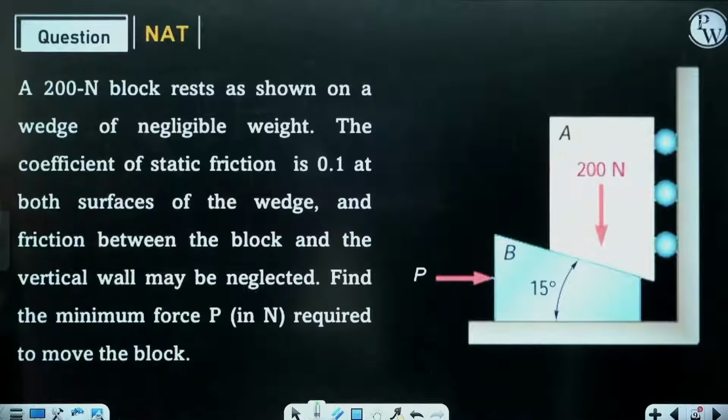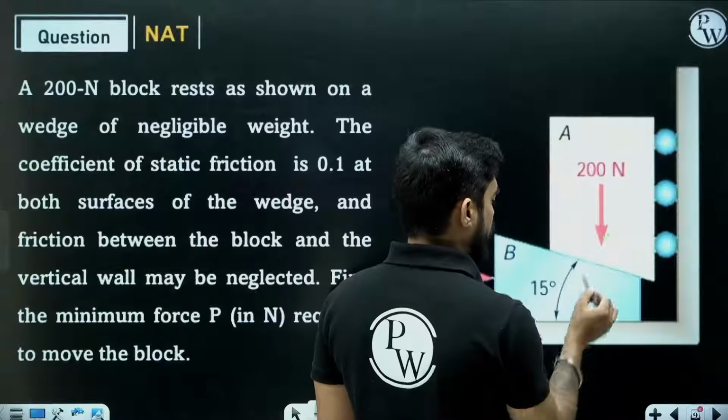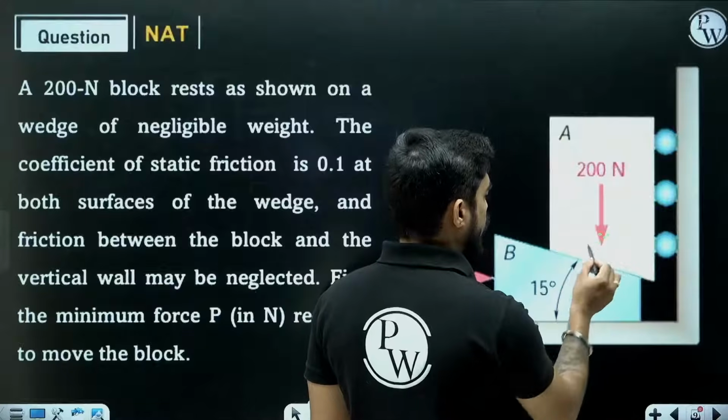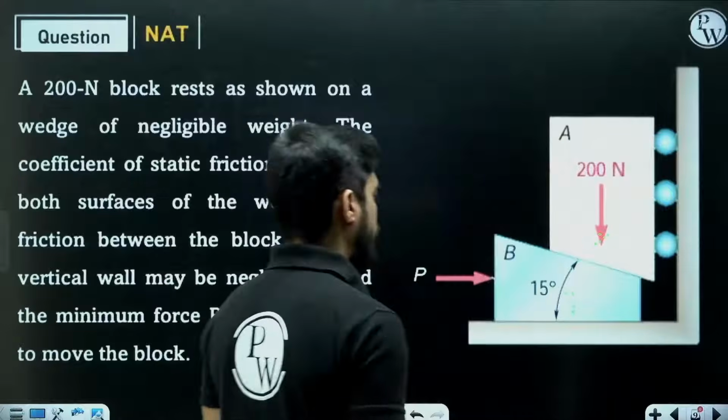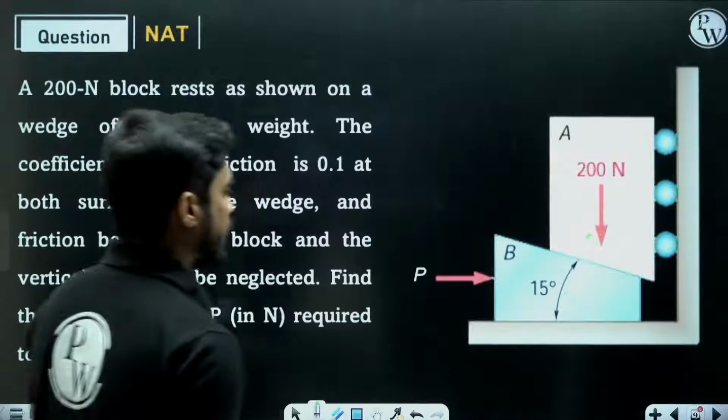So what we are going to do is, if we draw the free body diagram of both these bodies together, then what we are going to get?